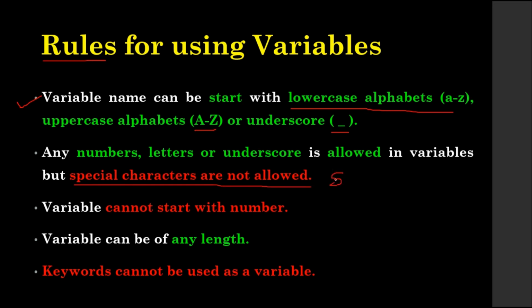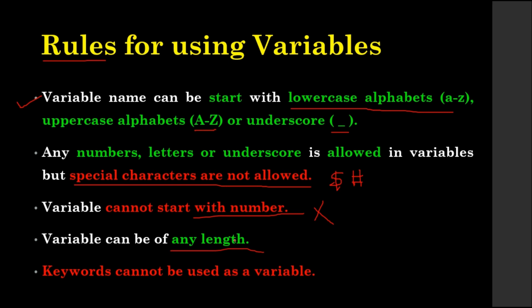You cannot use any kind of special character in a variable in Python programming. And a variable cannot start with a number, so this is again not allowed. A variable can be of any length that you want.